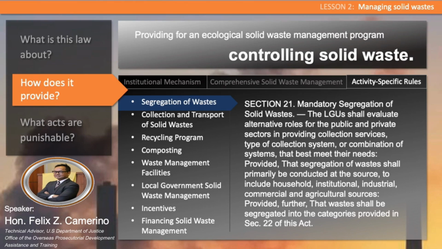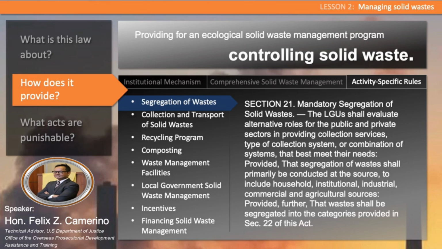Okay, so what that means is that regardless of the decision that the LGU makes on the collection from the public and private sectors, okay, by the time that collection is made, segregation should have already been done, because again, the collection is being made at the source. So the source is, of course, either the residence or the office of that public or private sector.